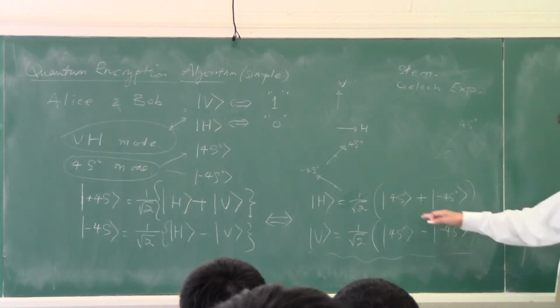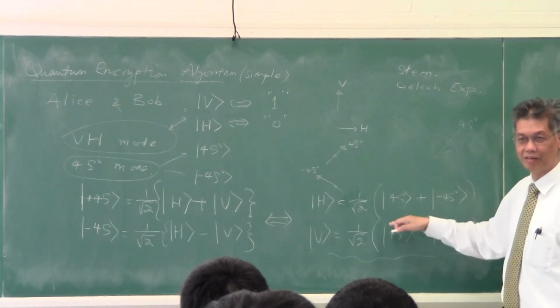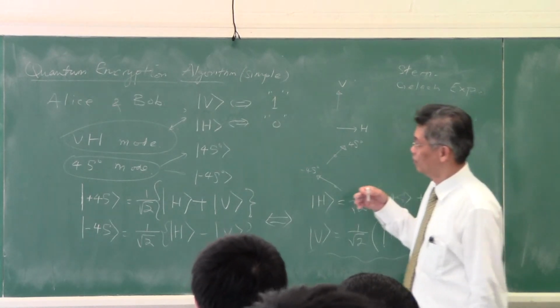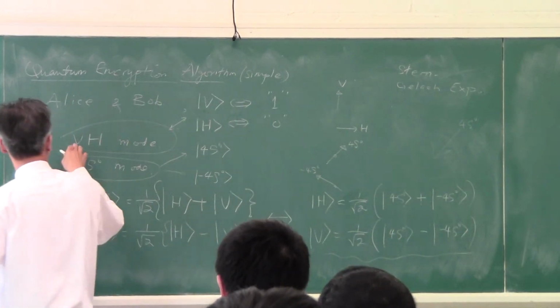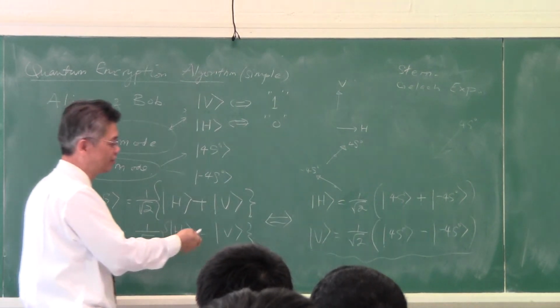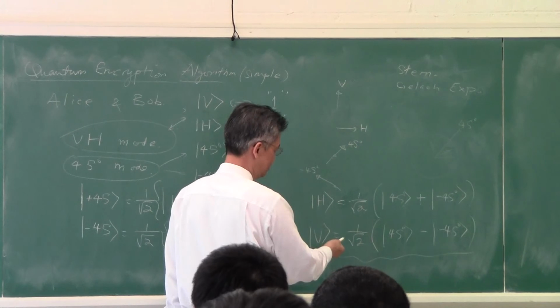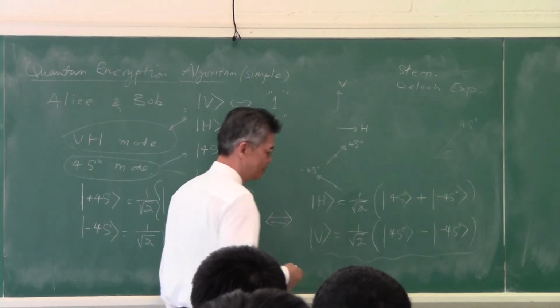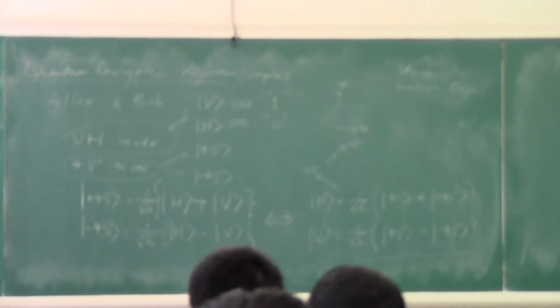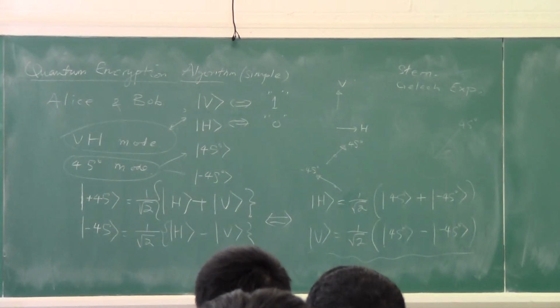But if they are aligned incorrectly, only half of the time the transmission is right. If Alice sends in the vertical mode and Bob receives in the 45 degrees mode, then he will find that only half the time he will receive a 1, and the other time he will receive a wrong 0.